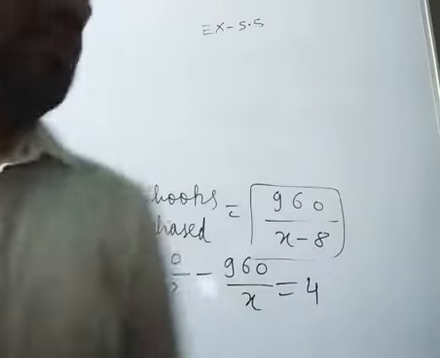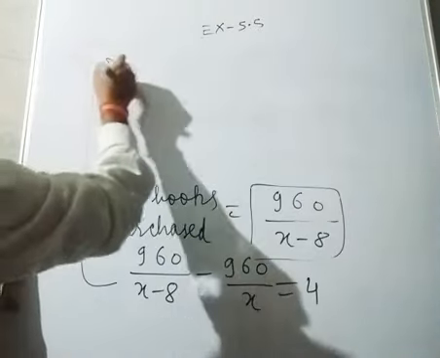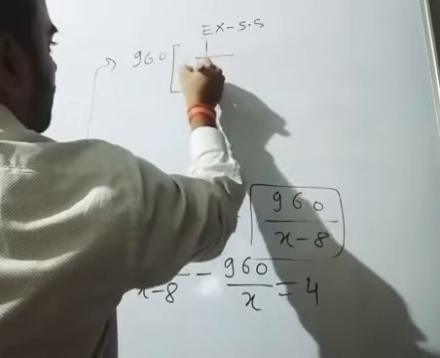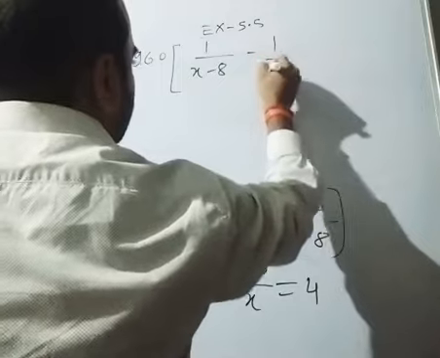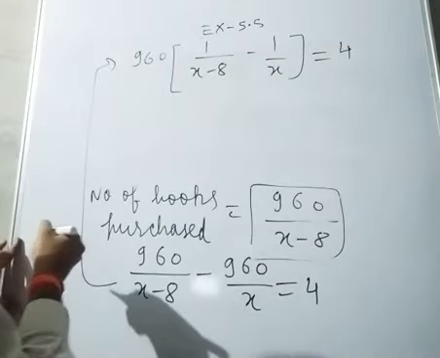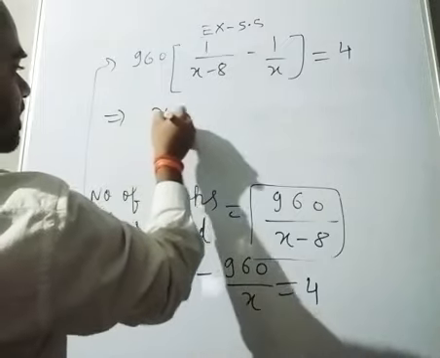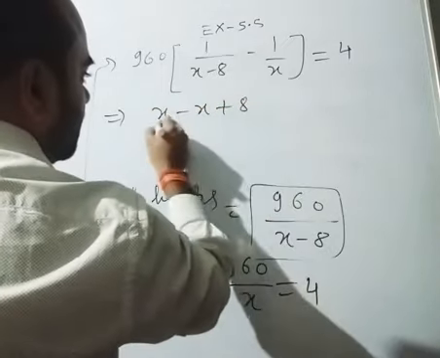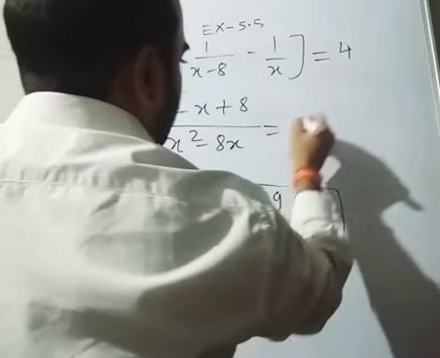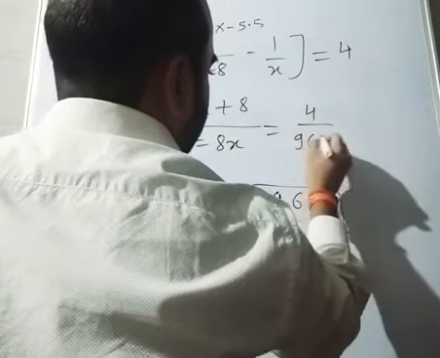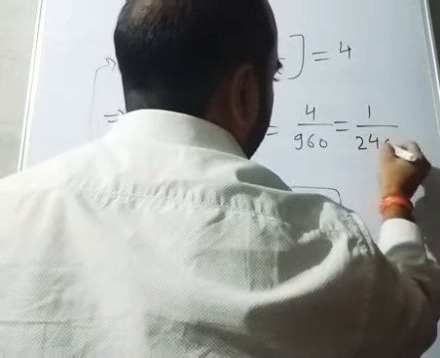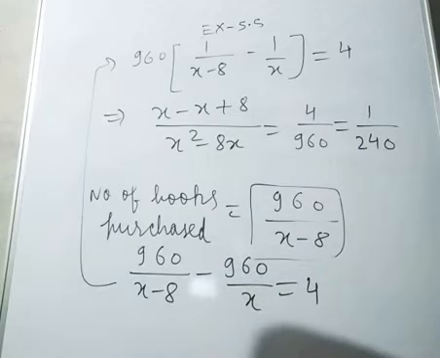Now 960 is common, we can transpose. 960 common. What is left? 1 upon x minus 8 minus 1 upon x is equal to 4 upon 960. Now 960 is transposed. What is left? x minus x plus 8 upon x square minus 8x is equal to 4 upon 960. Now you will divide. This will come 1 upon 240. Correct? Clear?